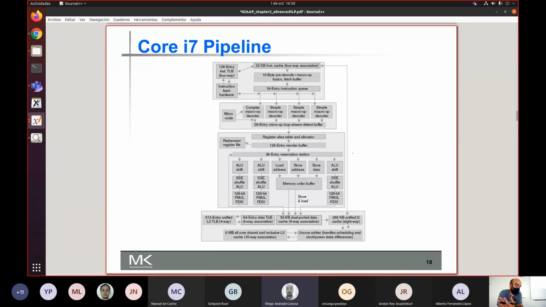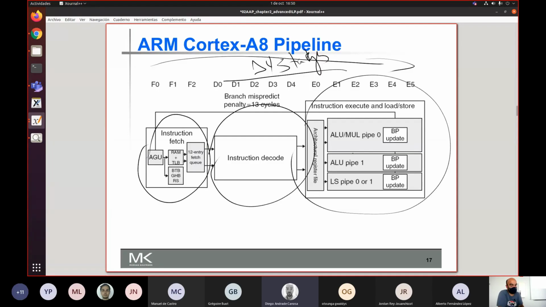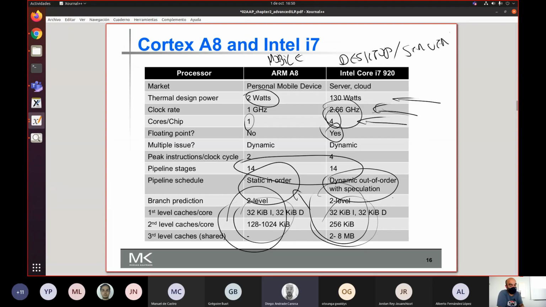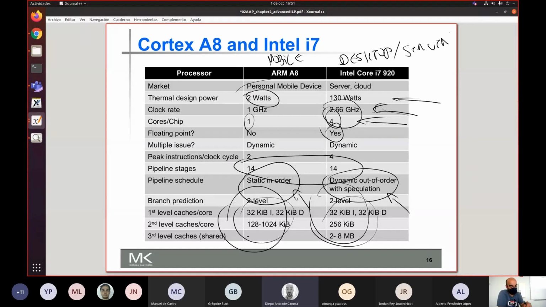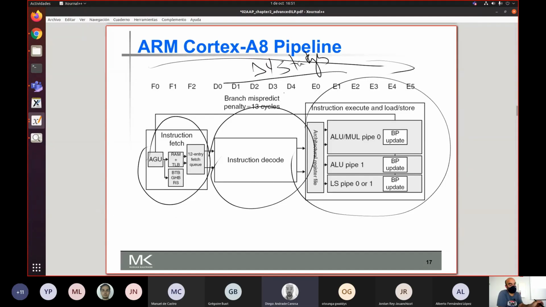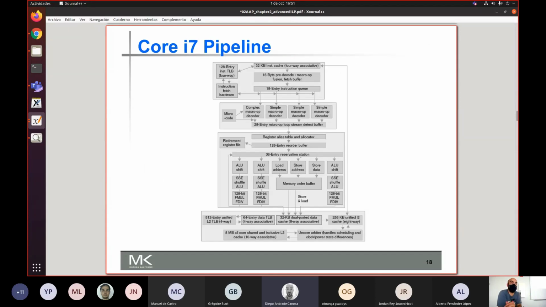So the cause of this is power, but because the hardware is much more complicated, okay? And also we have lots of replication of different hardware that is replicated to enable the parallel or concurrent execution of instructions of the same kind. But obviously this is the real situation in desktop computers.